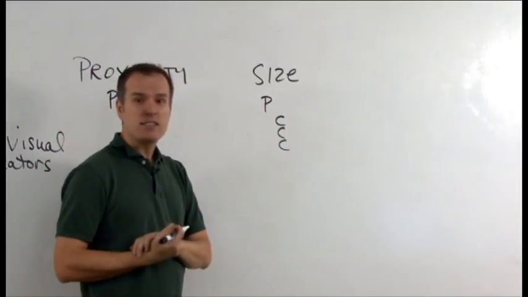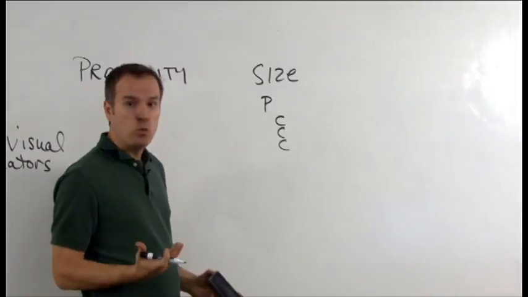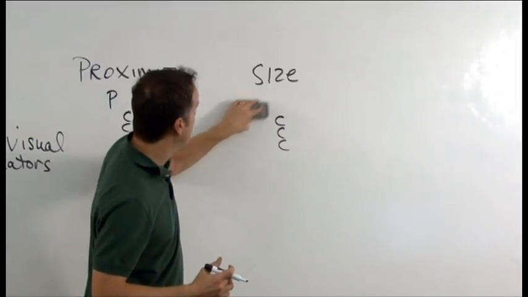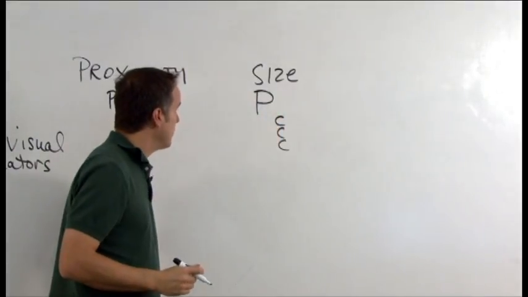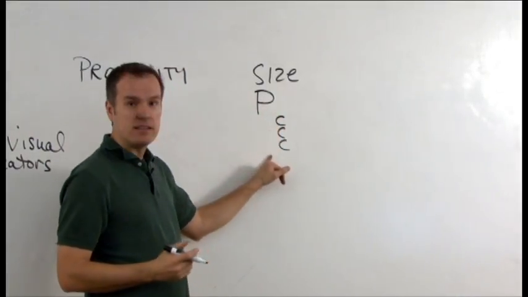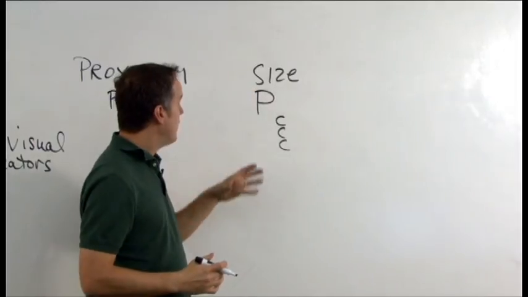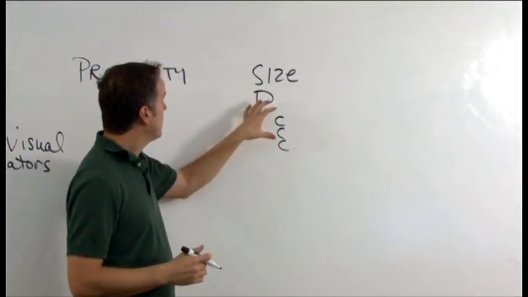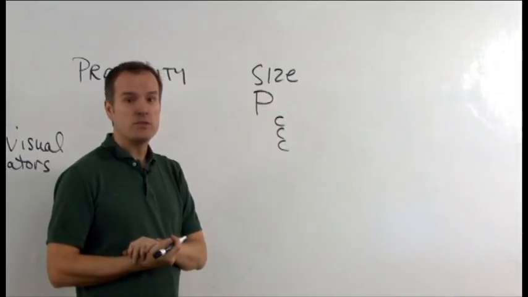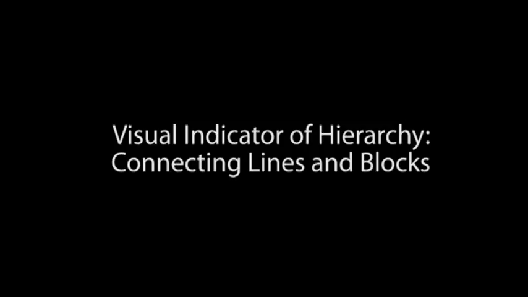But if we use size as well, we can create a stronger sense of who is the parent. We can reinforce that idea. By increasing the size of the parent, keeping the children the same, we create an even stronger sense that the parent is the parent and the children are the children. The hierarchy is strengthened by the use of size as a visual cue.